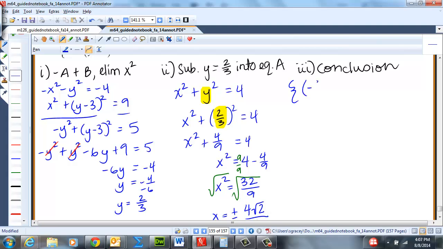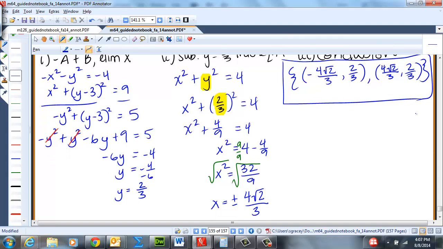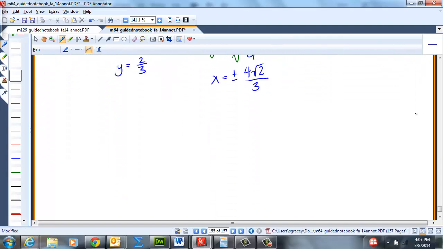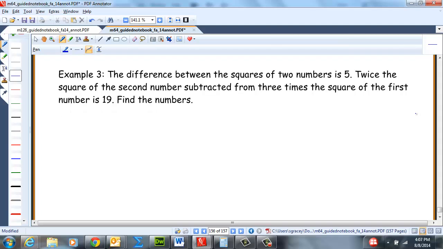So negative 4√2 over 3, comma 2/3, and positive 4√2 over 3, comma 2/3. The graphs intersect at those 2 ordered pairs. All right, so next up, let's talk about some applications.